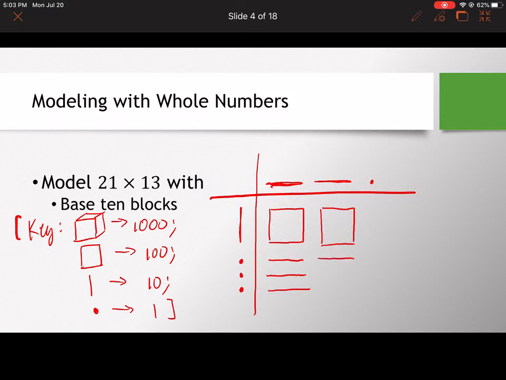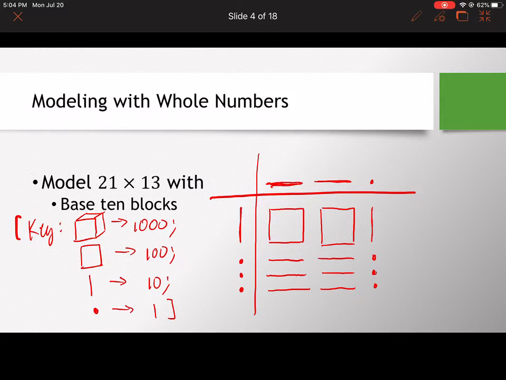Then we'll fill in the same way with these rods. And then we'll do 1 times 10 for the last column. 1 times 1 will give you just 1, and come down in this way.